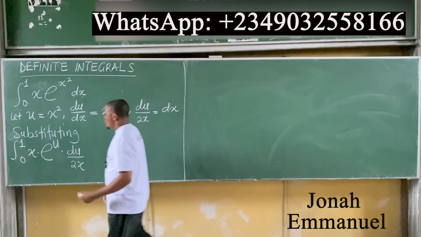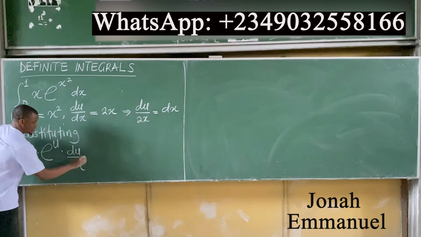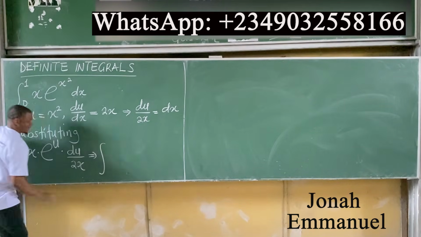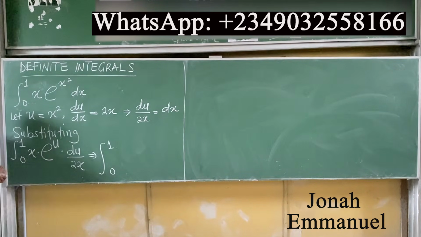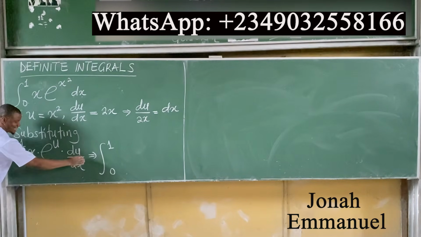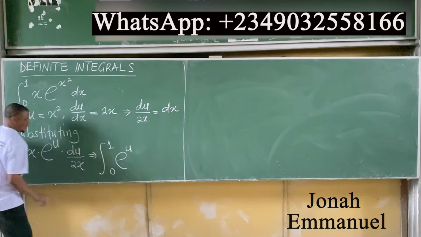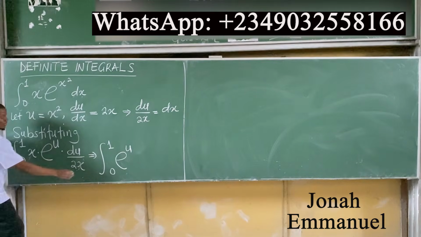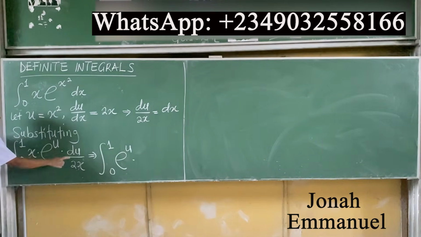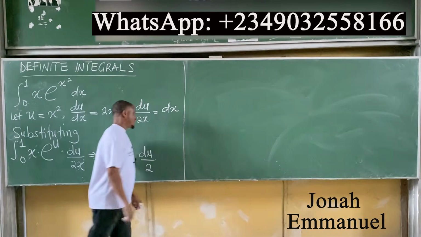At this juncture, what do you observe here? You have x, you have x. This x will cancel this x. So what do you have here? Exponential u, dot, du all over 2.